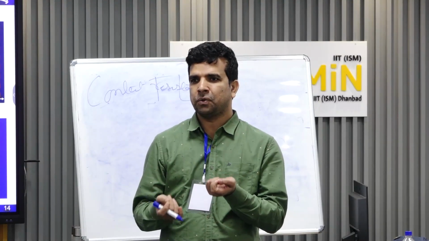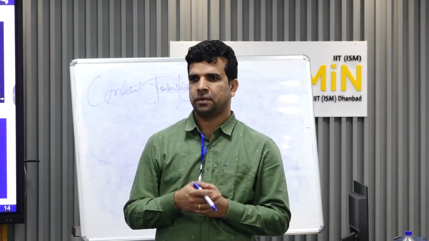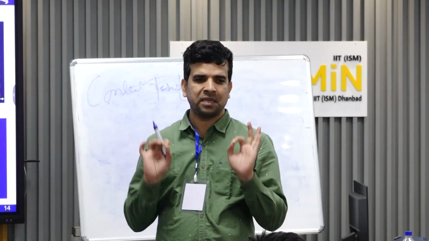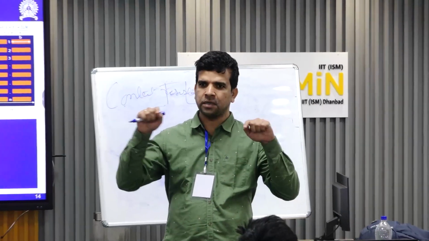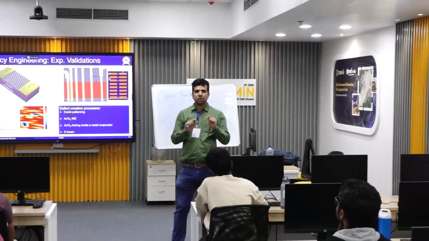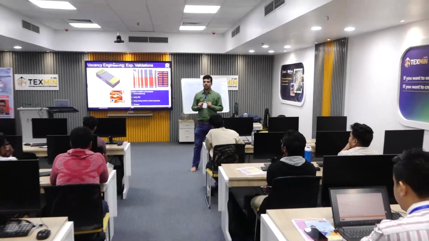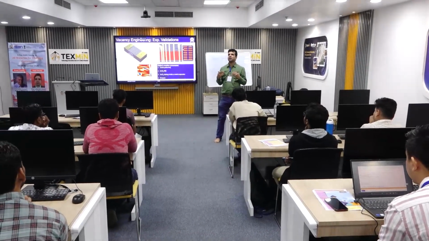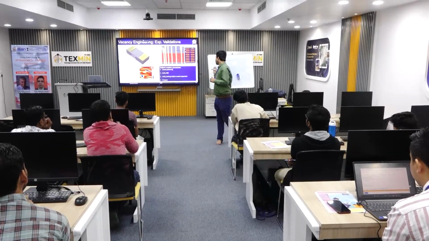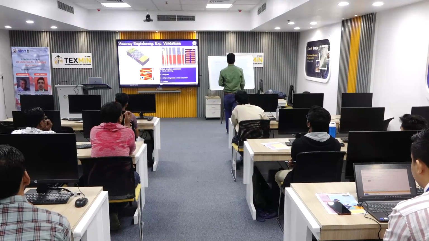There is no direct method which gives you the contact resistance. We have methods to measure resistance: you apply a voltage, you get a certain current, but that gives you the total resistance. We have to find out the contact resistance somehow, so let's discuss the method to find that.